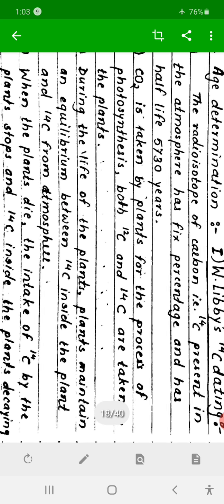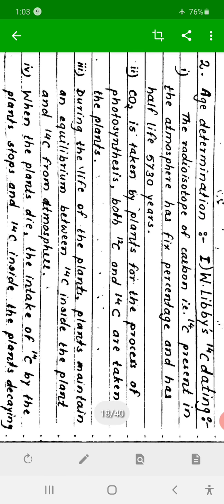All living organisms are made up from carbon, and carbon exists in isotopic forms. Out of all the isotopes, carbon 14 is the radioactive isotope. And carbon 12, which exists at 99% in nature, is non-radioactive.